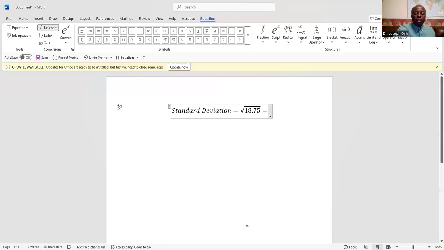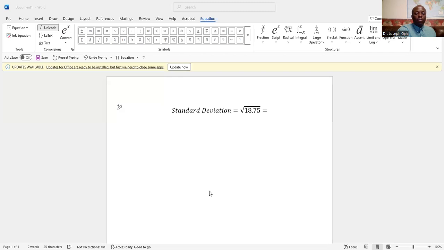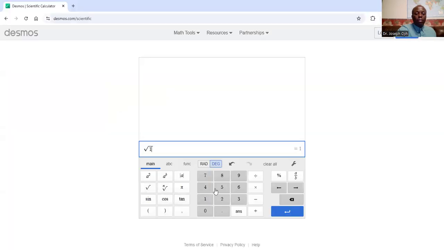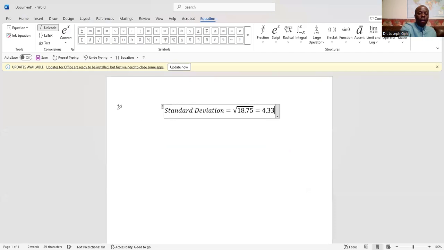Let's find it on the calculator. The square root of 18.75 is 4.33.